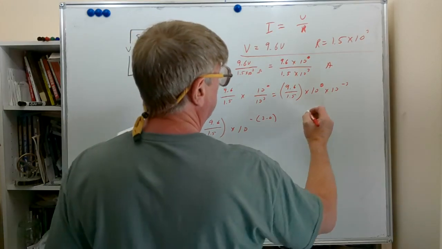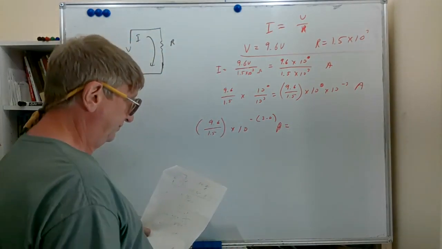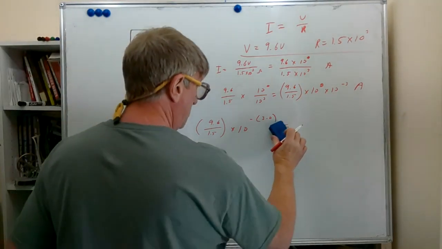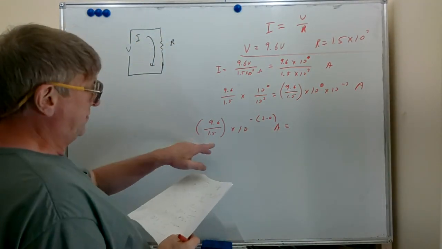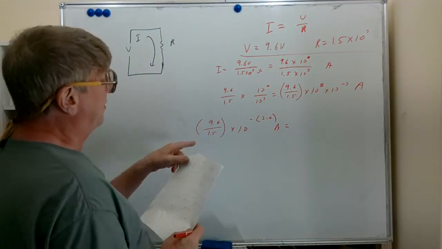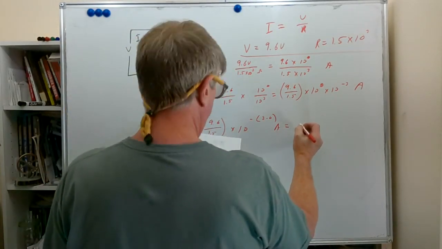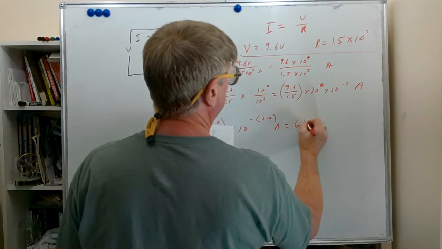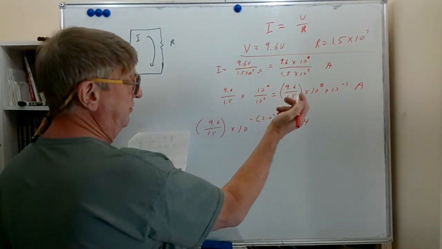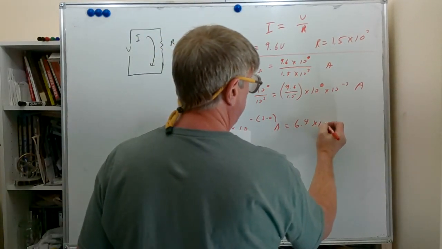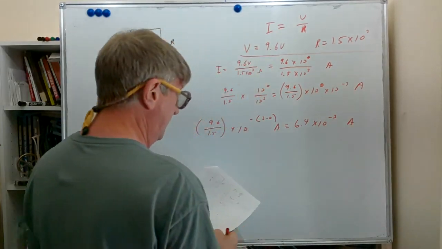I'll leave the units, amps, on here. Now if we do the arithmetic on 9.6 divided by 1.5, we come up with 6.4. And 3 minus 0 is 3, use the negative sign, times 10 to the negative third, and that's still in amps.